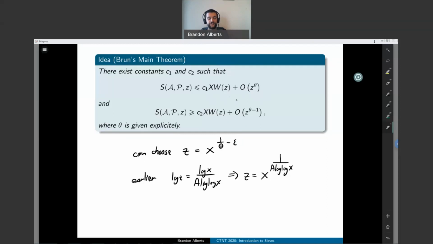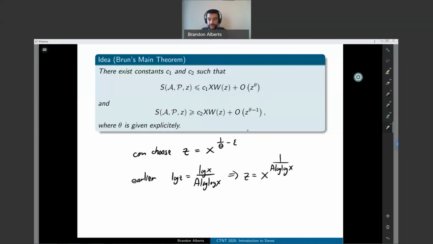There are some exercises talking about that conjecture in the homework, but if you dive into the literature and read a bit about what the Hardy-Littlewood conjecture predicts for the constant in front of the main term, it doesn't agree with just x times w of z. It's a little bit different.